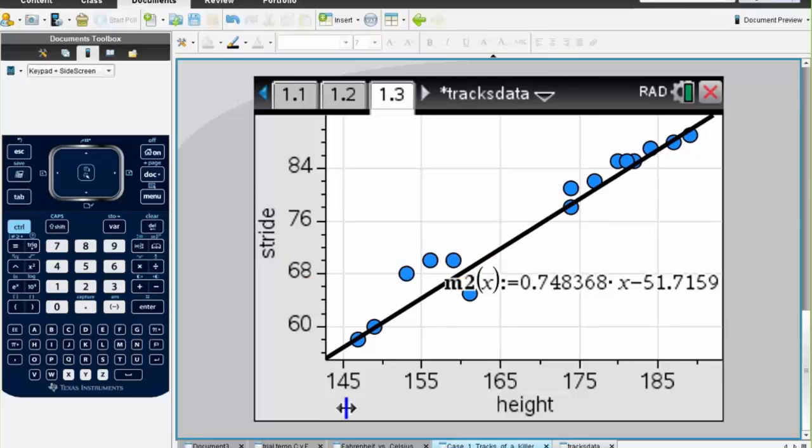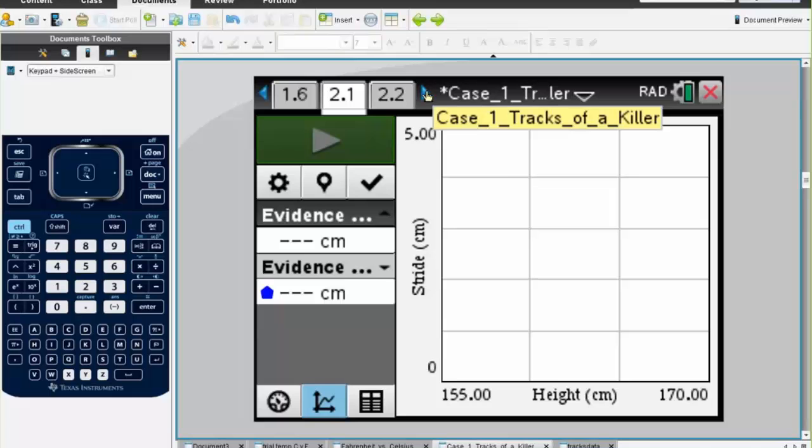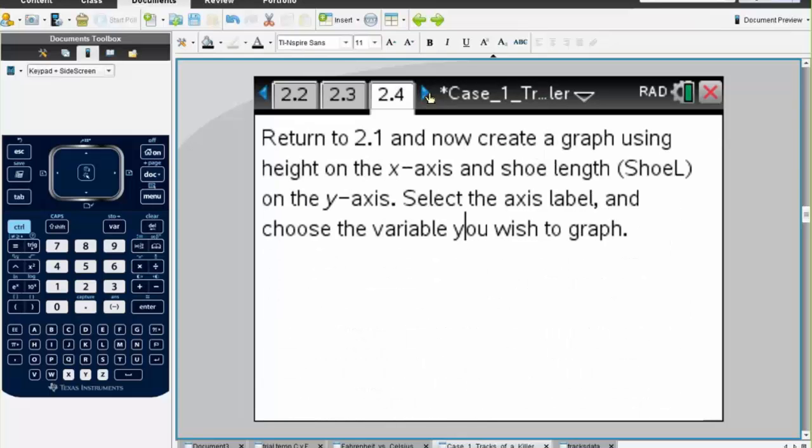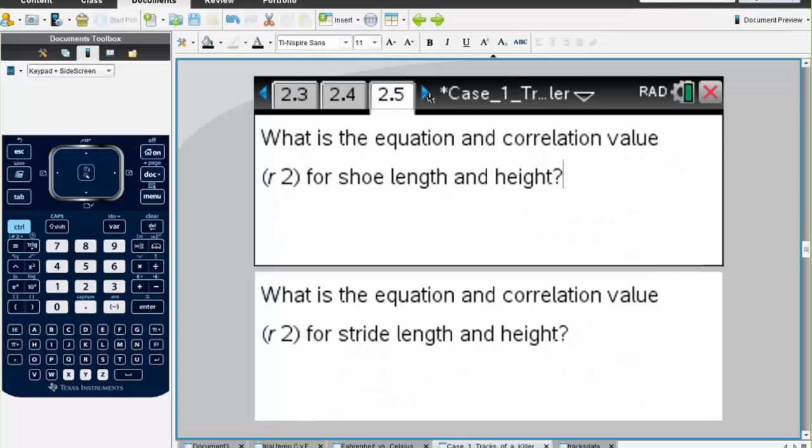So with Tracks of a Killer then, it continues on, because the whole idea is you are solving a crime. So it's set up that there's been a crime committed, there were some footprints left behind, so you're able to measure the length of the footprint, so the shoe length, and the stride length, and from that, you then have to decide, okay, what's the correlation?